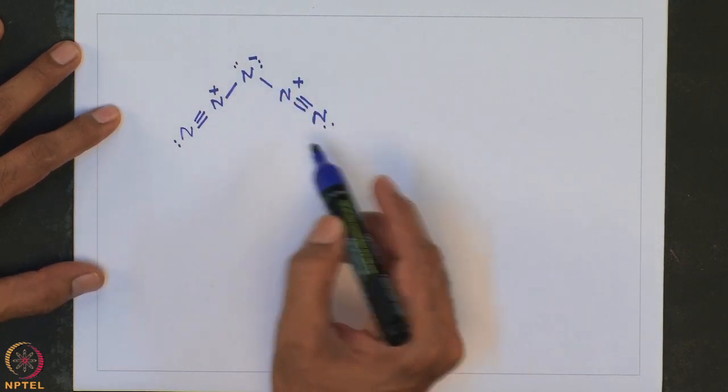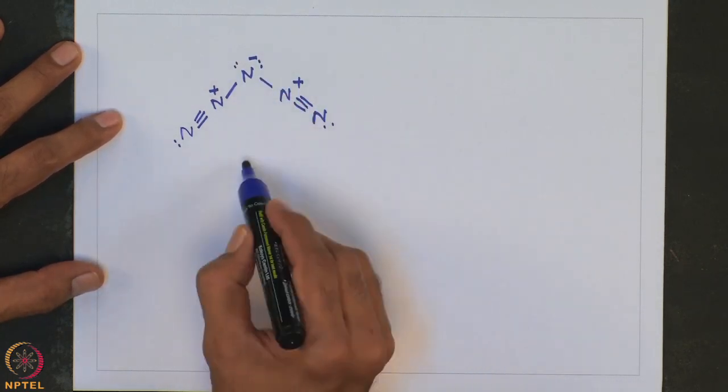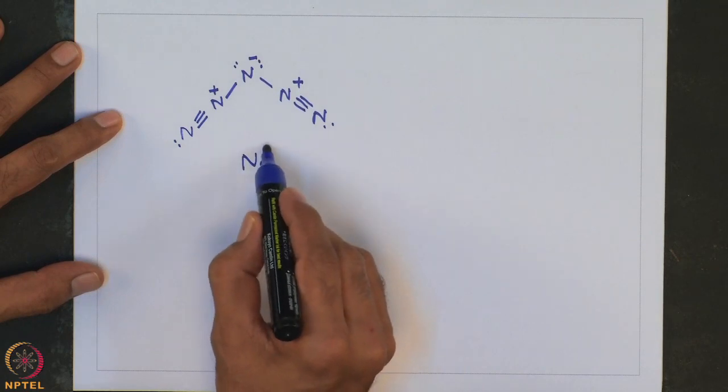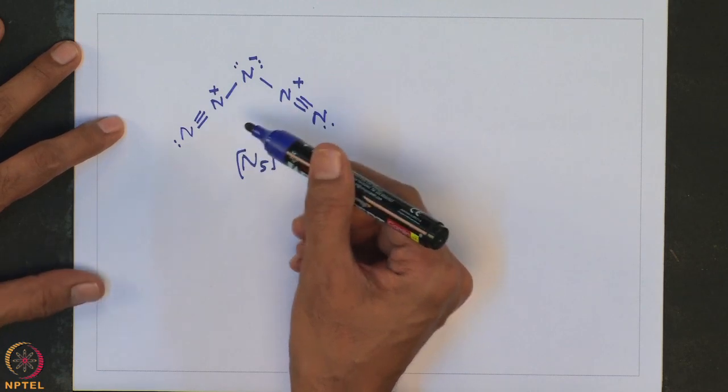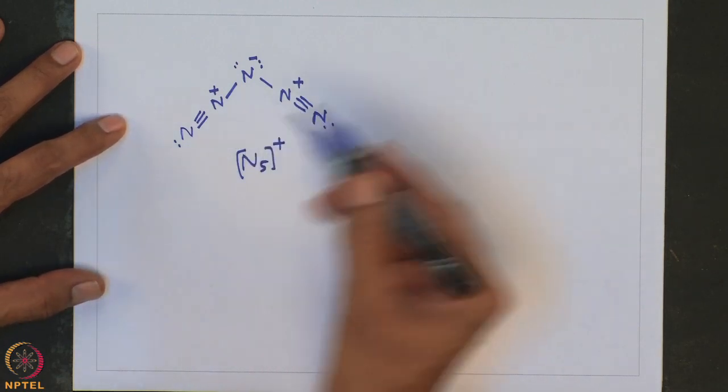Now the overall net charge is N5 plus. You can start writing several other resonance structures. Let me write one more.